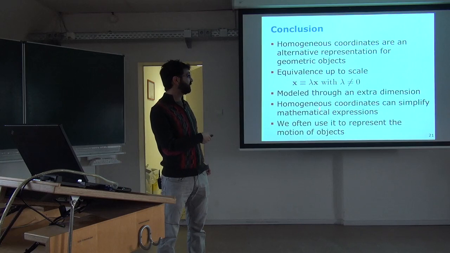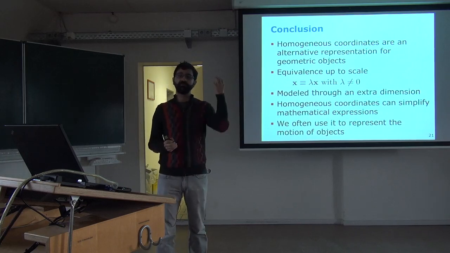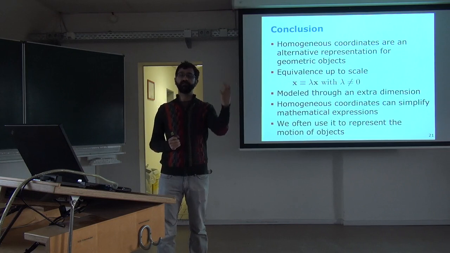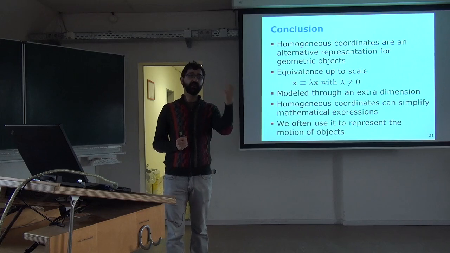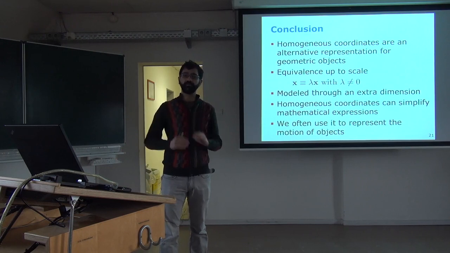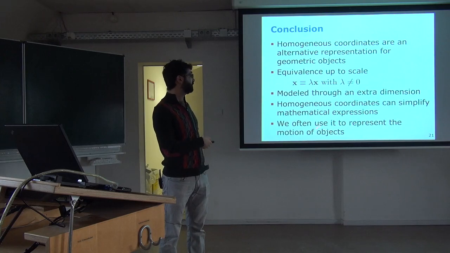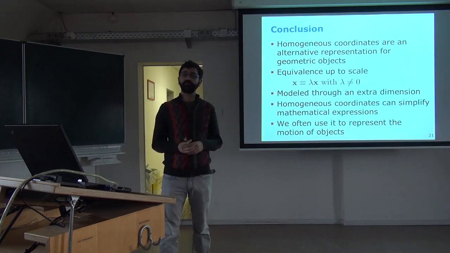And you have simple expressions to do transformations. As you have seen, mathematically there's just one matrix, and what you need to care about is how this matrix is structured and where to put the numbers in there. But once someone gives it to you, all the rest is just matrix multiplication. And we often use them for motions, so rigid body motions of points in space.